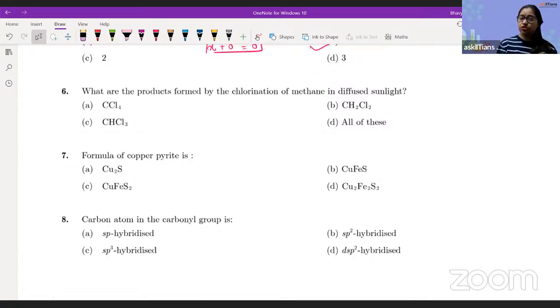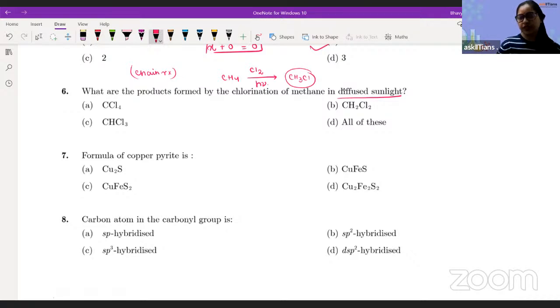Then, let's see the 6th question. What are the products formed by the chlorination of methane in diffused sunlight? We know that if there's sunlight and we are doing the chlorination of methane, it is a free radical substitution reaction. The good part is that it is a chain reaction, so it will keep on happening until all the hydrogens are replaced with chlorine.